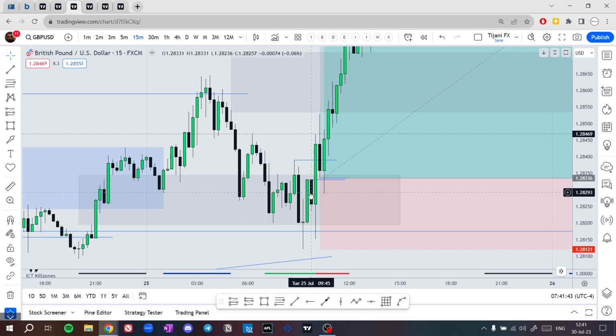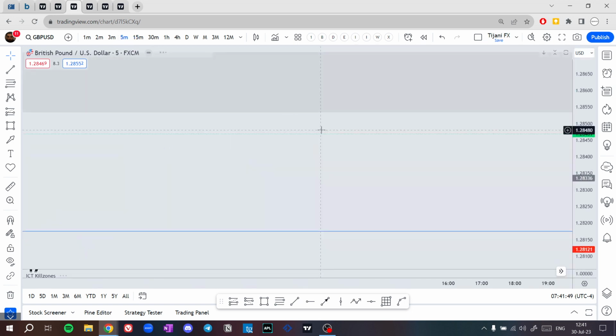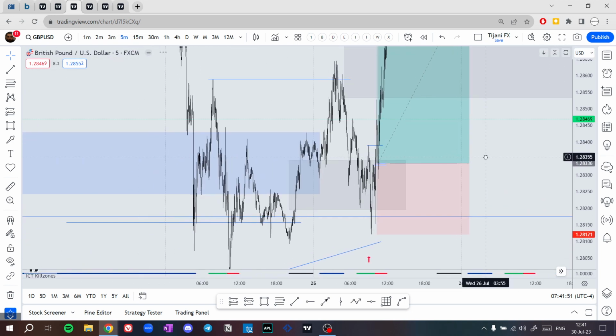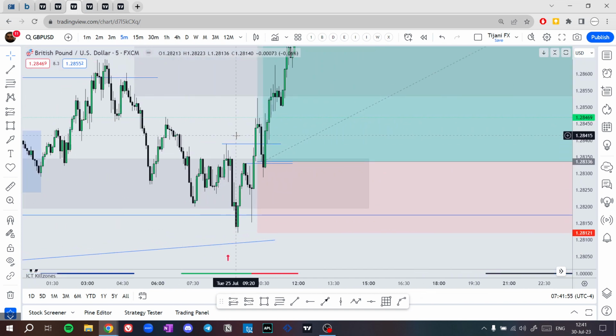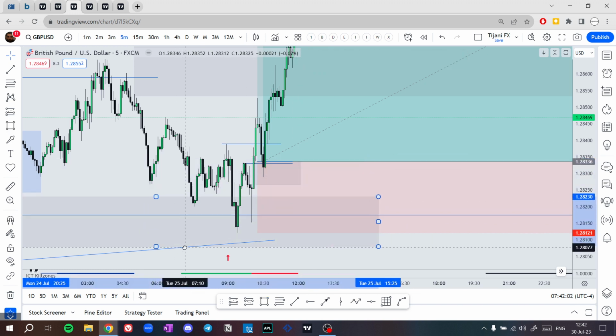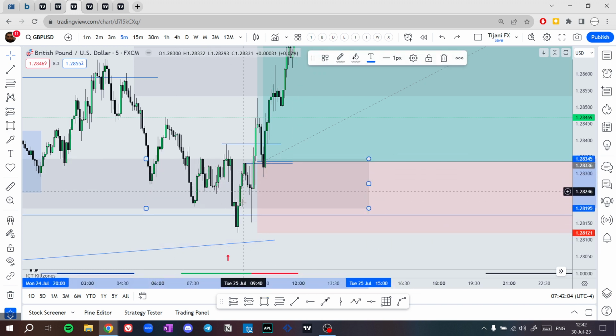By taking this high here, we see this break of market structure, and we see that price has retraced to the fair value gap. It is clear on 5-minute time frame. See, break of market structure, price retraced to this fair value gap right here. Entry there.